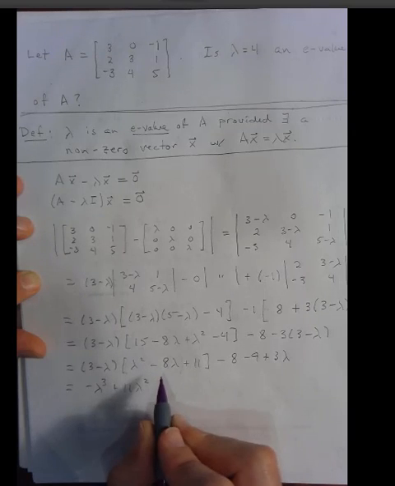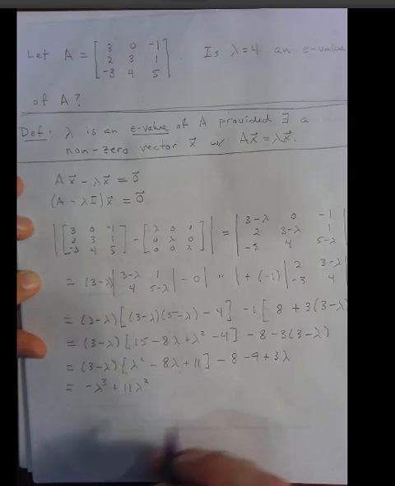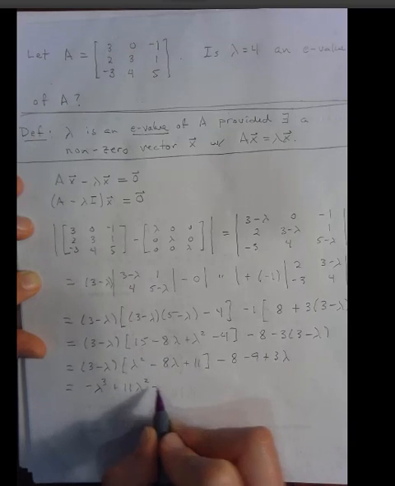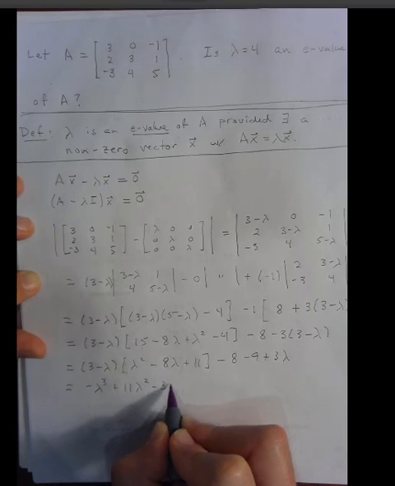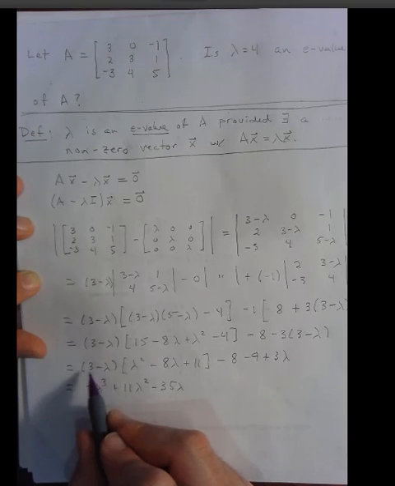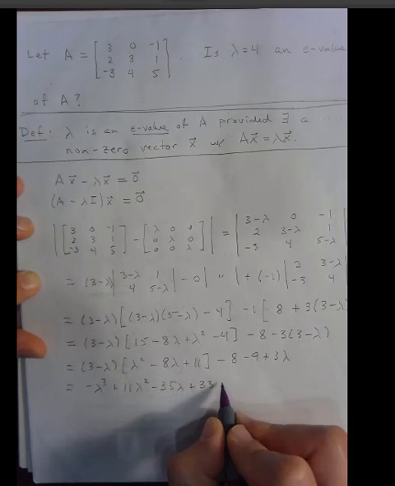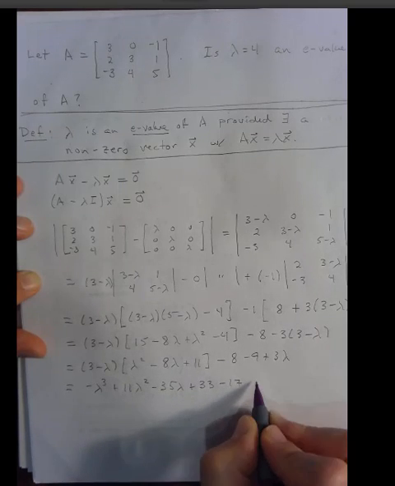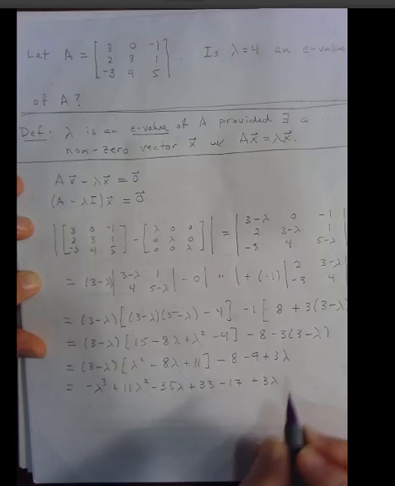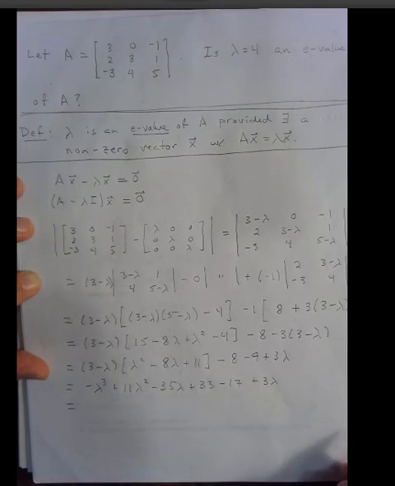For my lambdas, let me try that again. Minus 11 lambda minus 24 lambda minus 35 lambda, and plus 33. Here I have a minus 17. Here I have a plus 3 lambda. Okay, so this is just a bunch of algebra, multiplying out and simplifying.